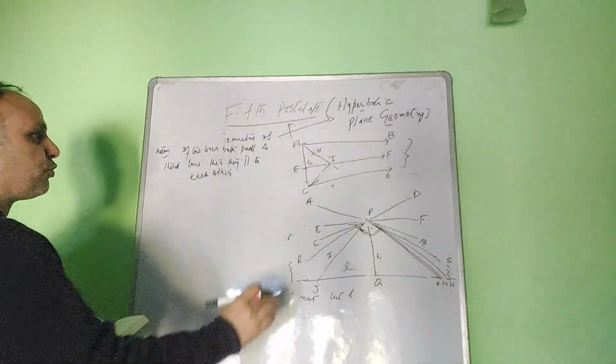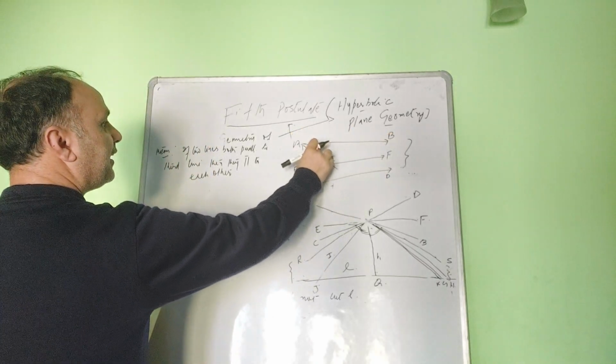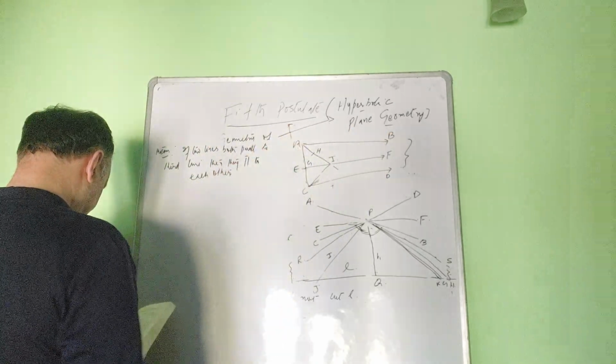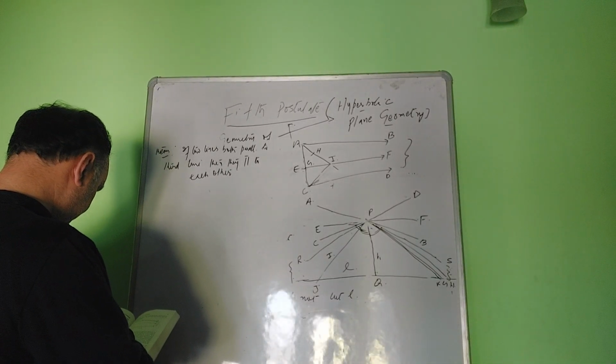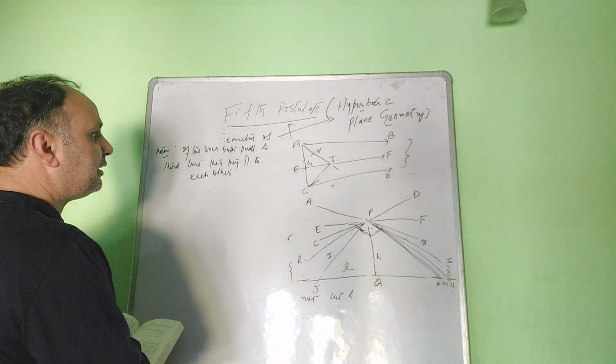From the angle CAB, from the vertex we draw this segment.